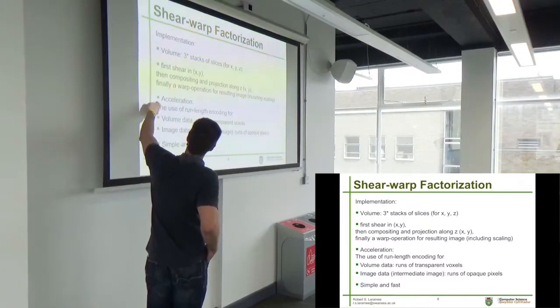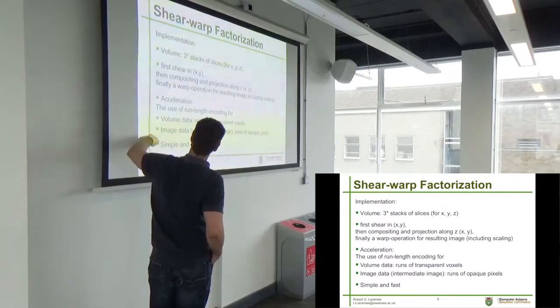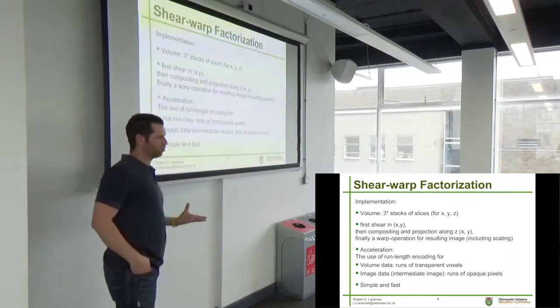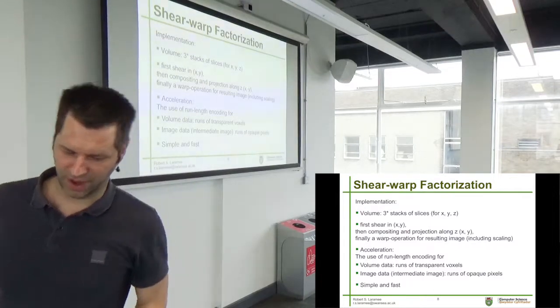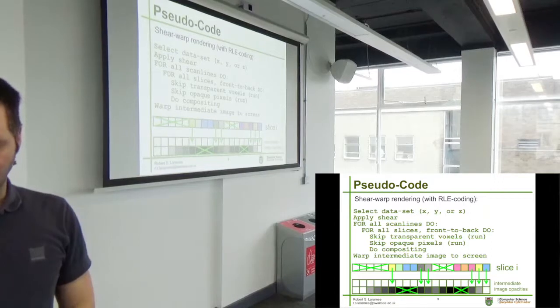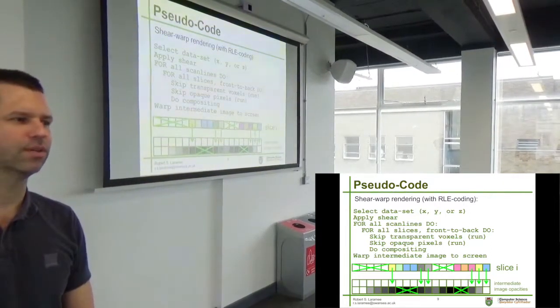Now the compositing stage can be accelerated. And this is where the magic is, this is what makes it so much faster. Anybody heard of run length encoding before?